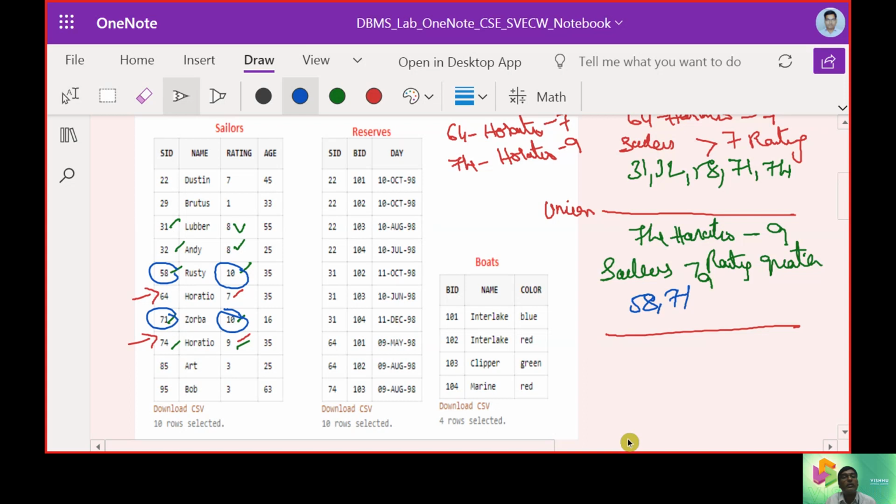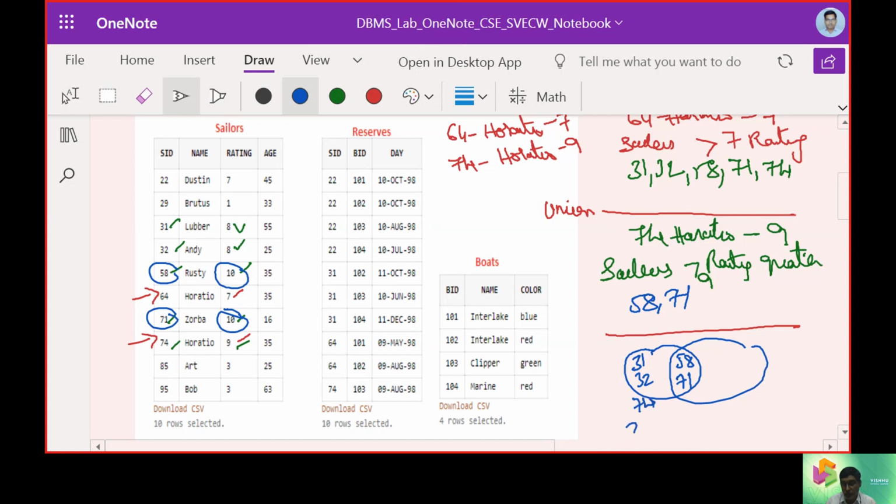Now if I figure out the duplicates, in one set we have 58 and 71, then we have 31, 32 and 74.